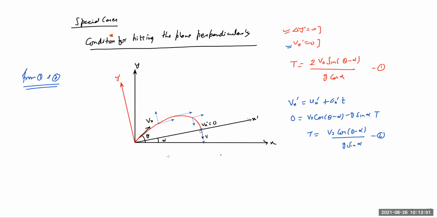So what we are doing is resolving the velocity into two desirable components, x dash and y dash, for the entire journey. And what we realize is that the moment you reach the point of impact, the x dash component vanishes, because you are hitting it perpendicularly.